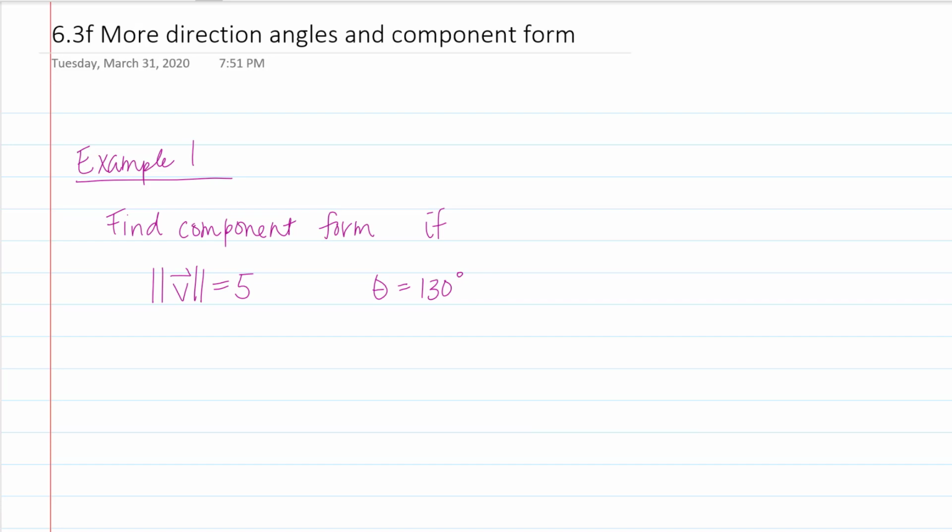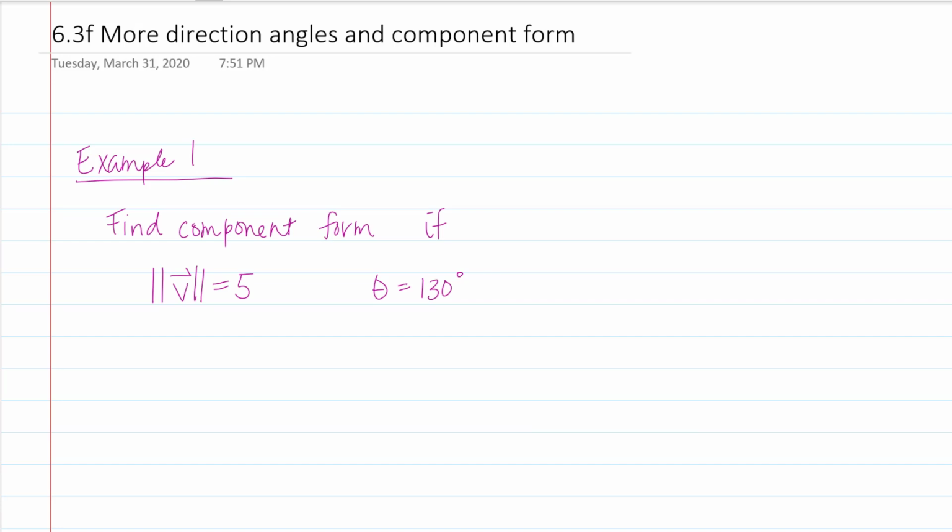So last time in 6.3e we talked about how we can view unit vectors as vectors that land on the unit circle and how this is all related to sine and cosine, how sine and cosine can help us find a direction angle. Today we're going to look at that from the opposite direction. What if they tell me the direction angle?